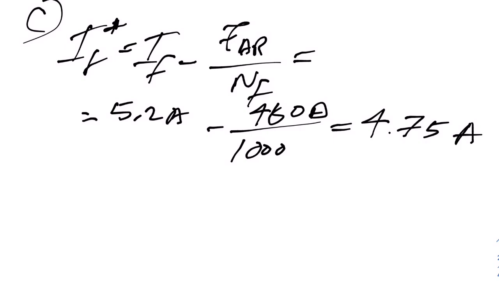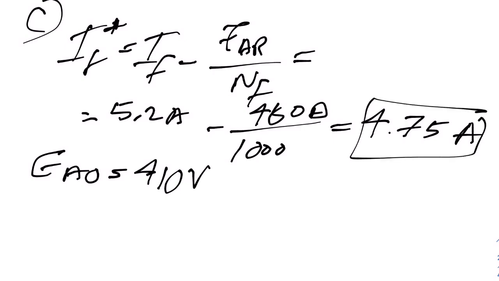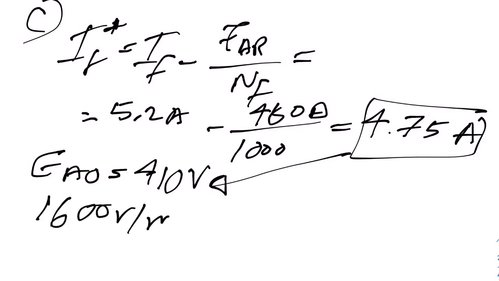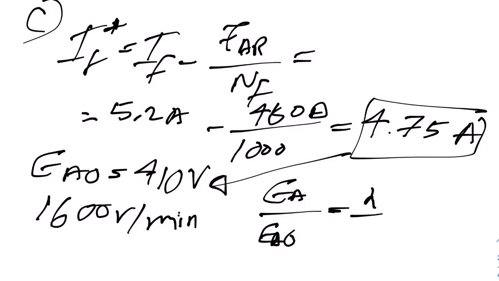So from the curve, EAO will be 410 volt. We can take this ampere value and check the graph. We'll see the value here, 410 volt. So the internal generated voltage at the speed of 1600 revolutions per minute would be, we can use the same formula here, EA over EAO equals N over NO. This is the speed.